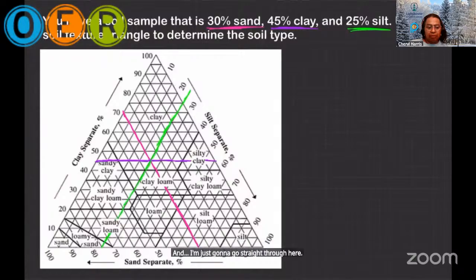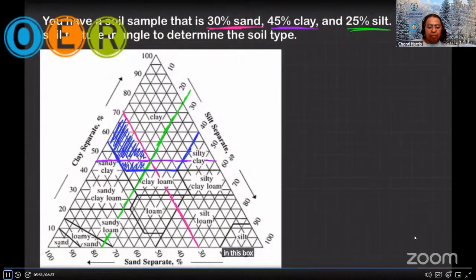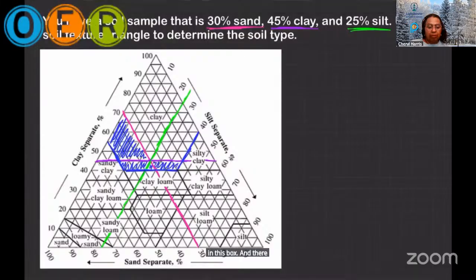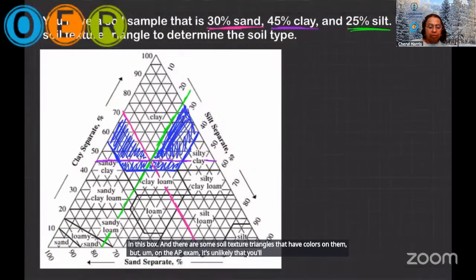Okay, so in this one, we are in the clay, because everything in this box is considered clay. And there are some soil texture triangles that have colors on them, but on the AP exam, it's unlikely that you'll get a colored soil texture triangle.